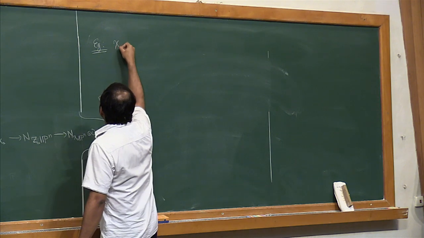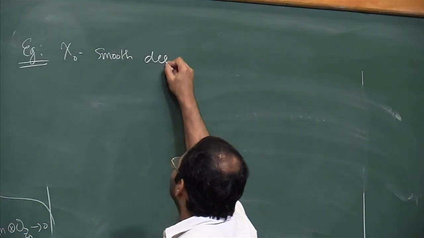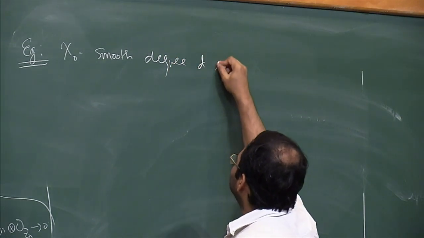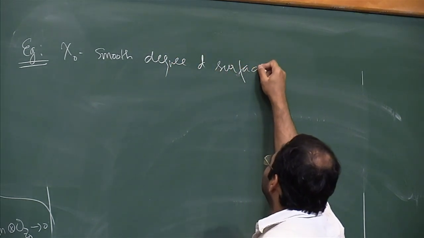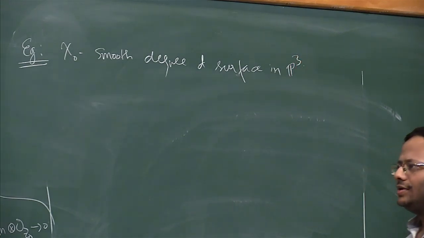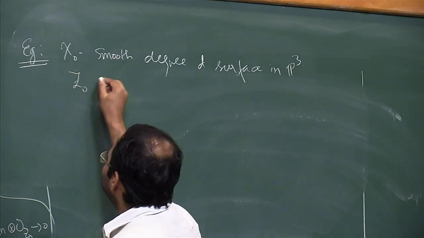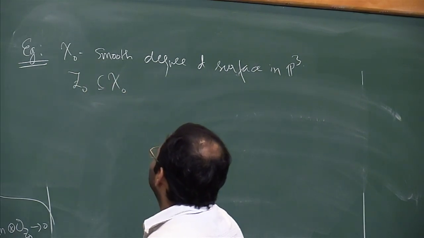So, x0 let us say is a smooth degree D surface in P3. Okay. Now, let us take a smooth curve in here.